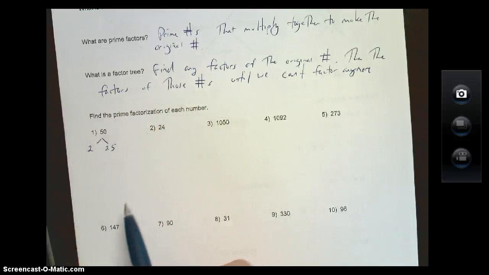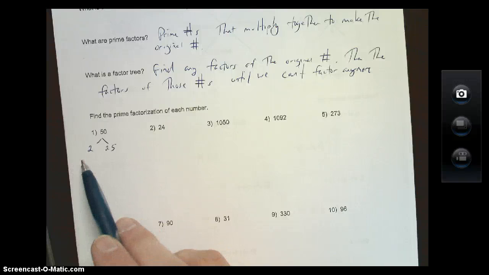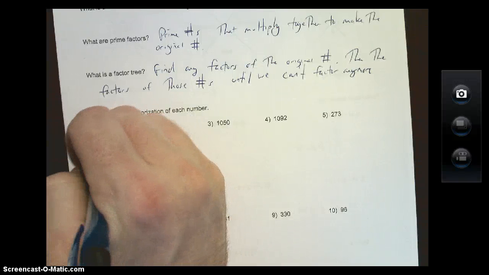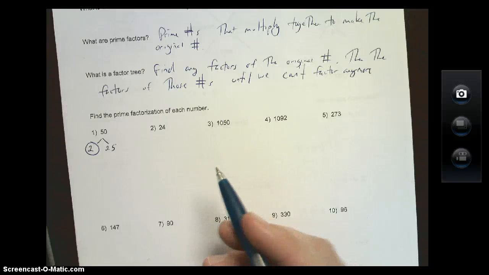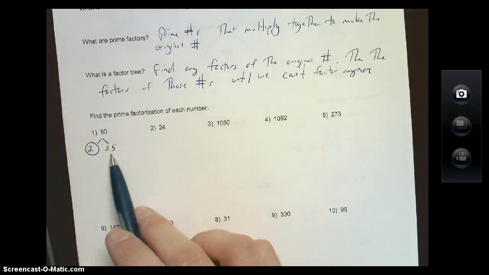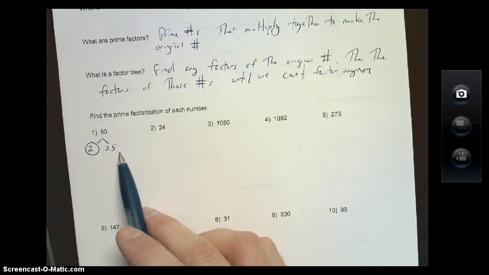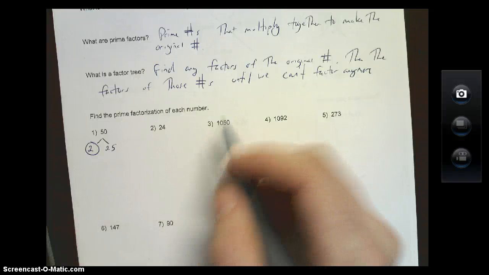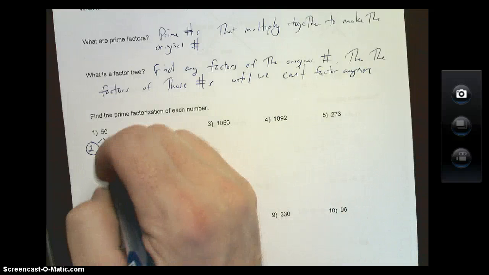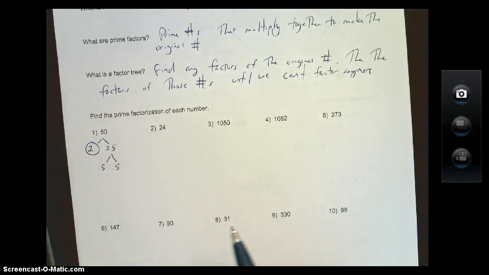Then you begin to ask yourself, starting with the left number, is this number prime? Now 2 is unique because it's the only even prime number, so you circle it. No other number can multiply to give you 2 except for 2 and 1. And you look at 25, is 25 prime? Well, no, because there are numbers that can multiply to give you 25. 2 won't work, 3 won't work, and eventually you come up with 5 and 5. 5 times 5 gives you 25.